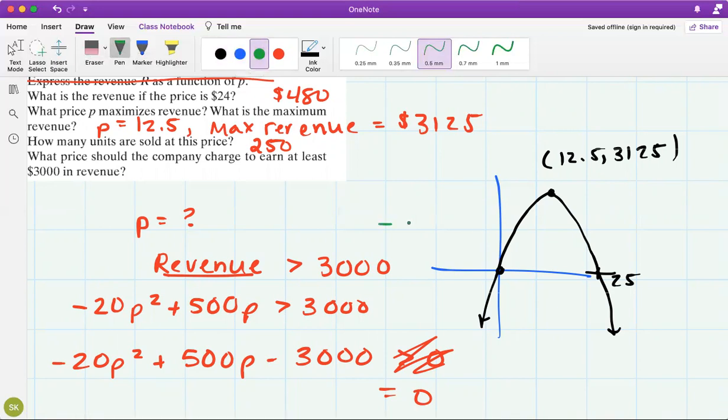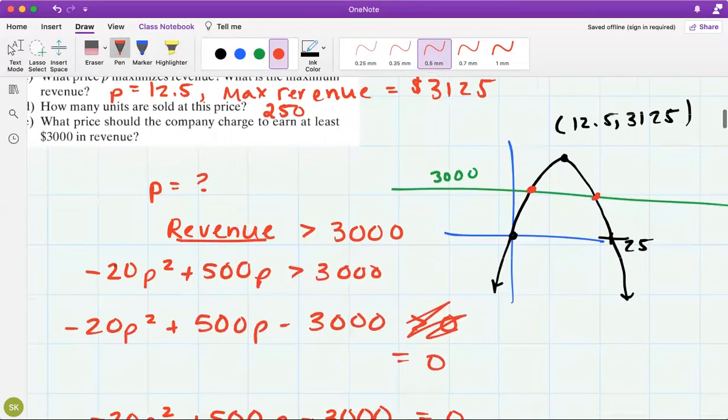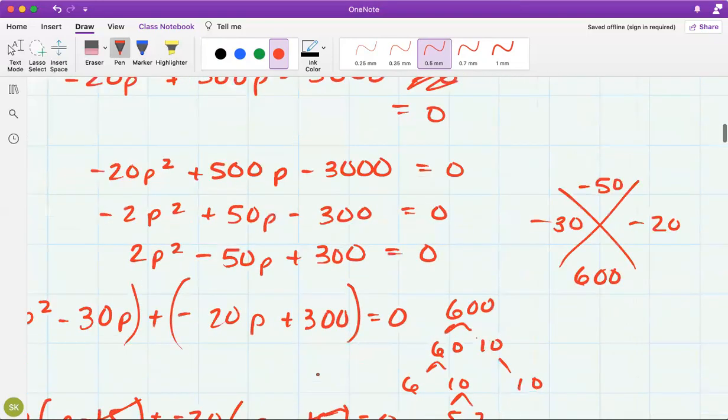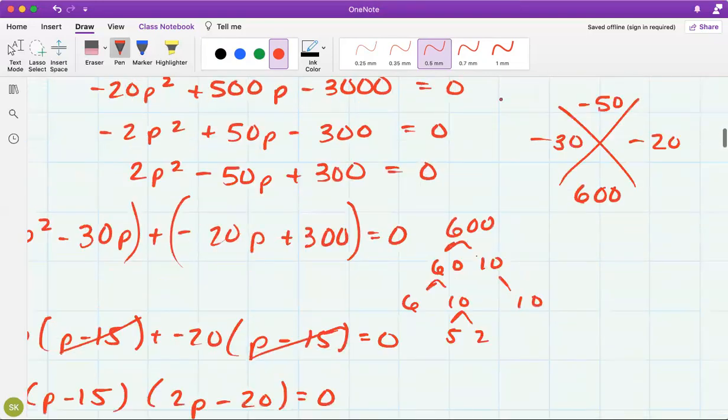And then we were trying to see when we were bigger than 3,000. We've done this type of problem several times. So what you do is you set the revenue bigger than this number here, 3,000, and you're trying to find all the x values where you're bigger than 3,000. Now, when we solve this, we're going to get two numbers, 15 and 10.